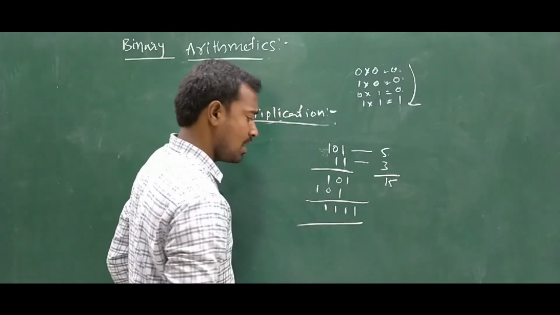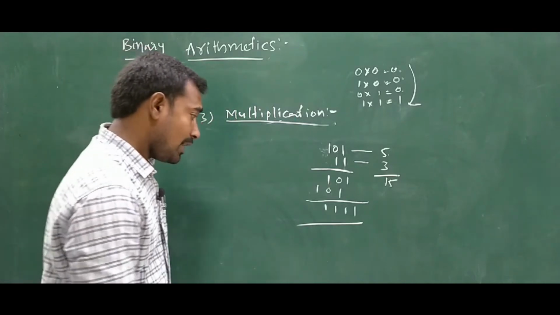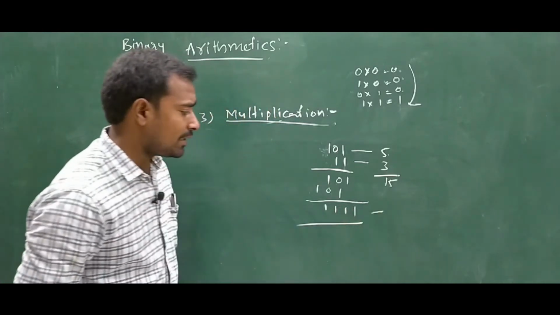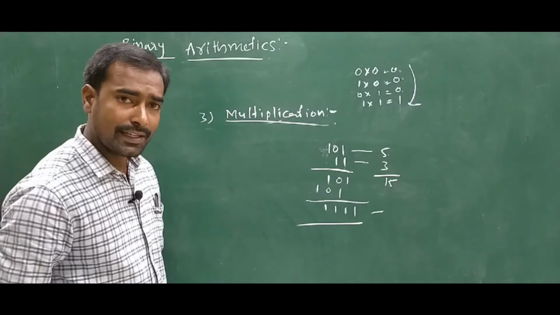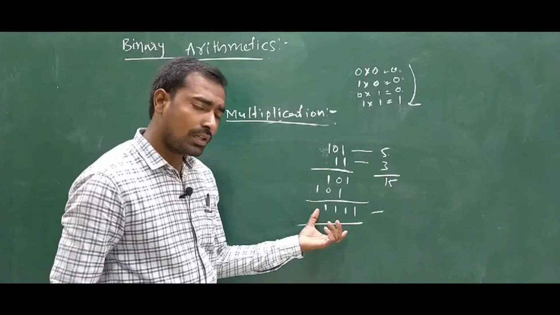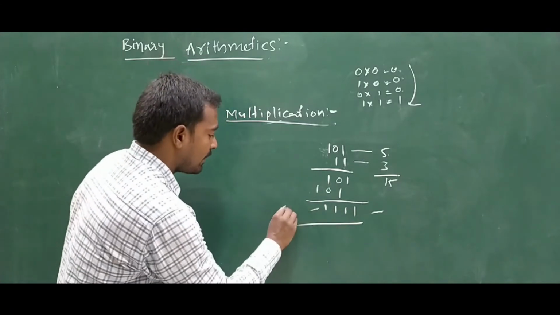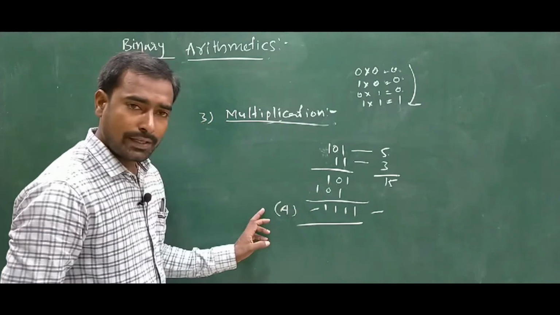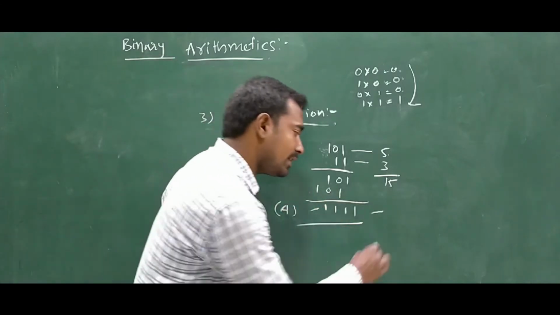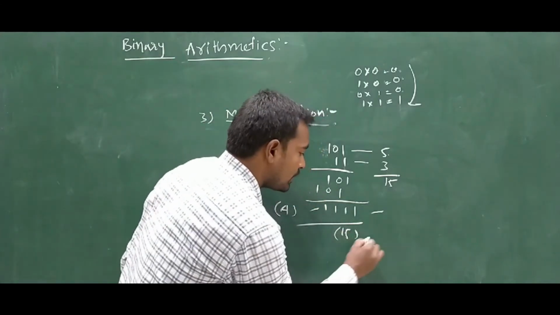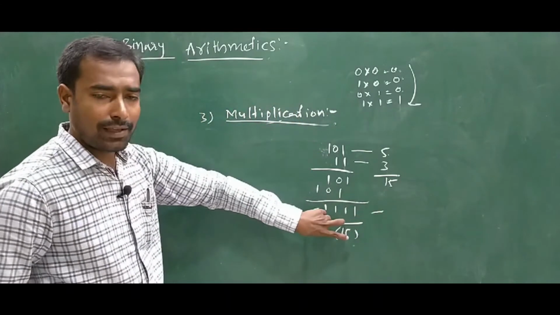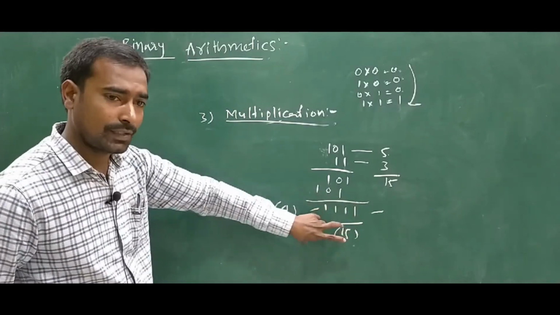So this is the final value. And we already discussed that in the hexadecimal number system, we take 4 bits of the binary value. This is equal to F, this is equal to F, and that is equal to 15 in decimal. So that value is correct, exactly right.